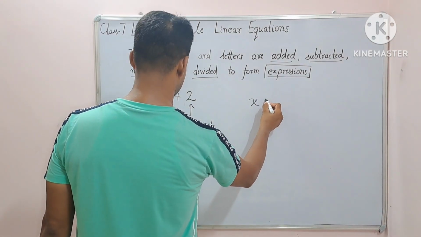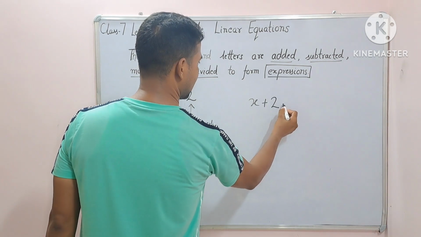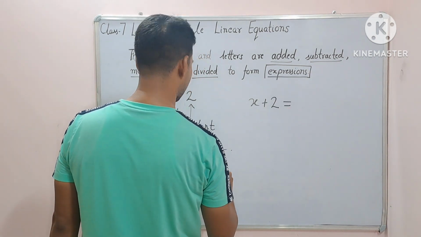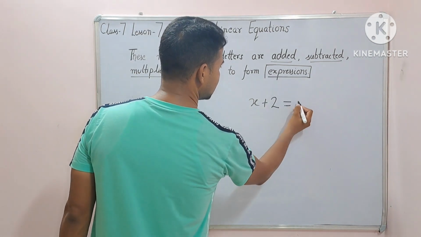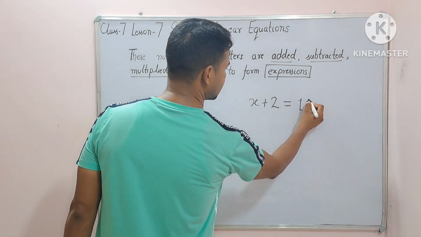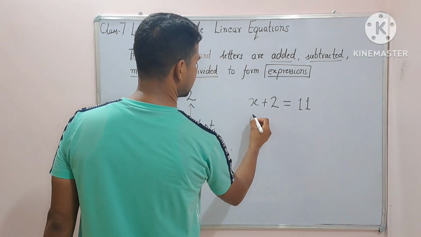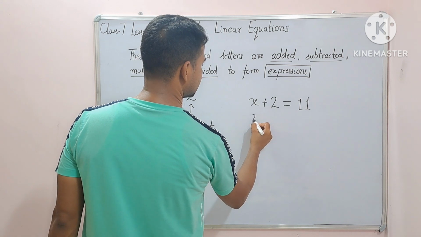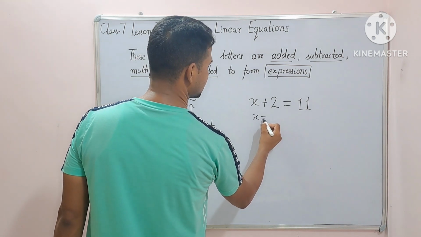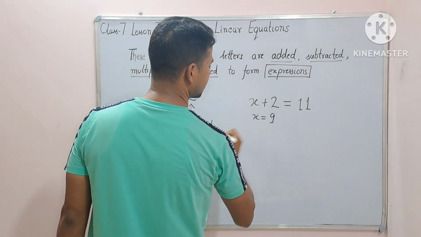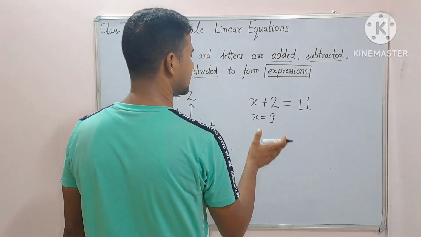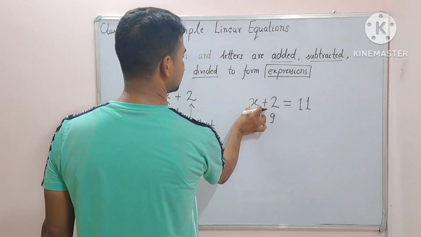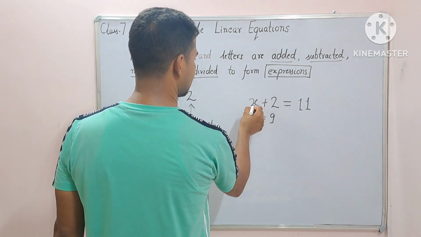We can change it. x plus 2 is an expression. If we give a condition that it is equal to 11, then in this condition the value of x should be 9. For every condition the values of x will be different, that is why it is called a variable.